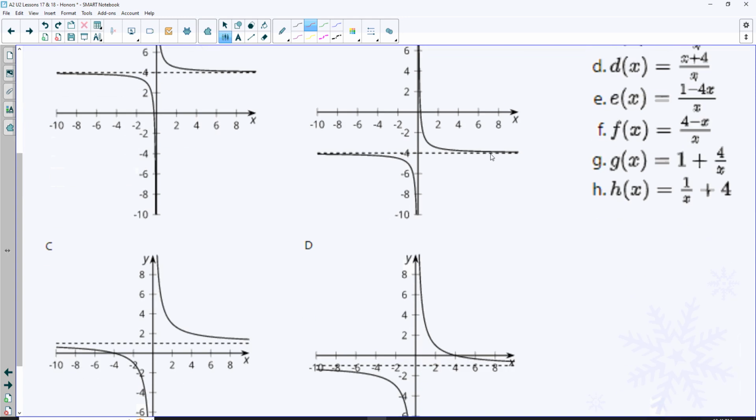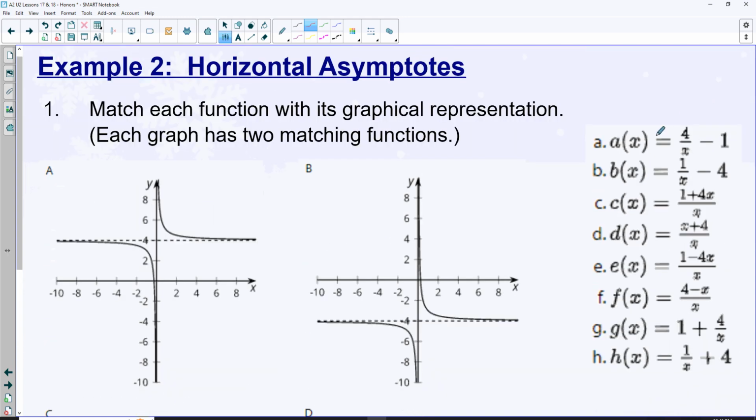Okay, so let's see. Maybe we'll just pick a value, right? What happens if x is a really large number? Okay, let's say x is a really large number. What is 4 divided by huge minus 1?